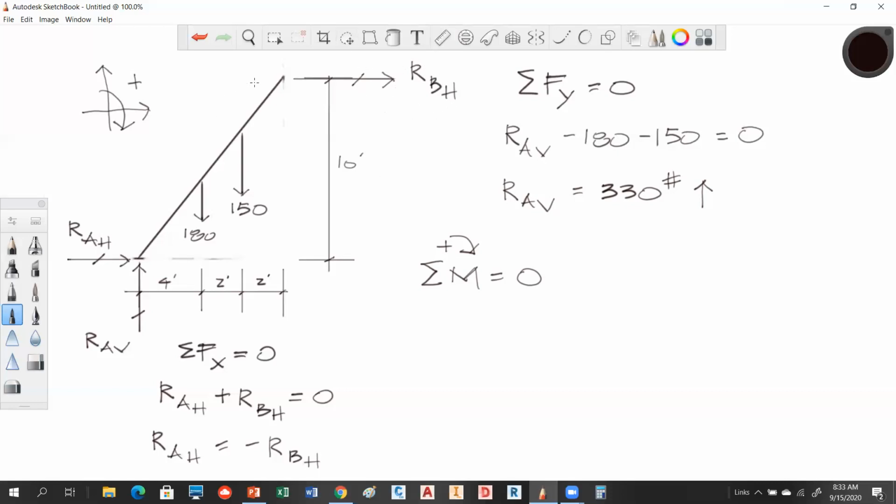Now I could equally take it up here, okay? It would knock out RBH. I would solve RAH, but I would have to use RAV as part of the solution. The problem with that is if I blew this right here, then this moment will be wrong. So if I can not use something that I've already calculated, then if I make a mistake here, I could still get my moment correct.